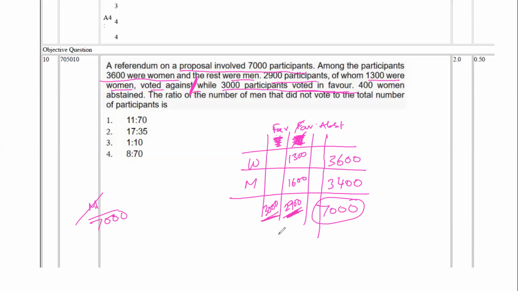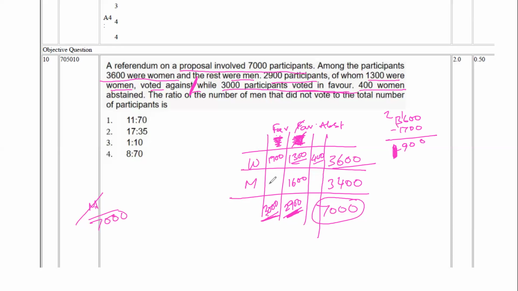Now if you do the math, out here there's one more piece of information. 400 women abstained. So this is the abstain part. So 1,300 and 400 is 1,700, and 3,600 is the total. So 3,600 minus 1,700 is 1,900.